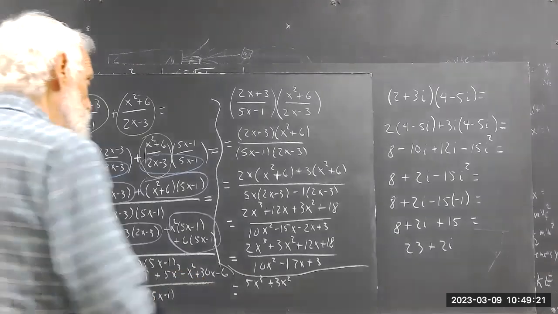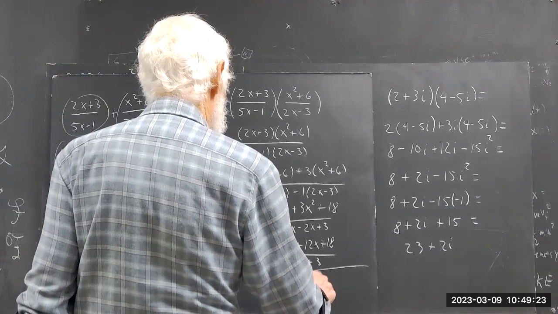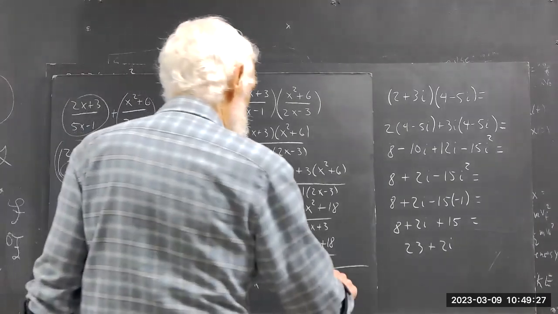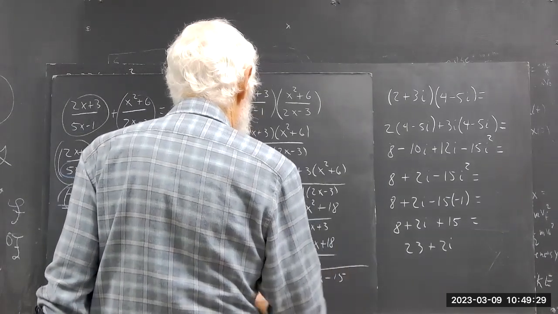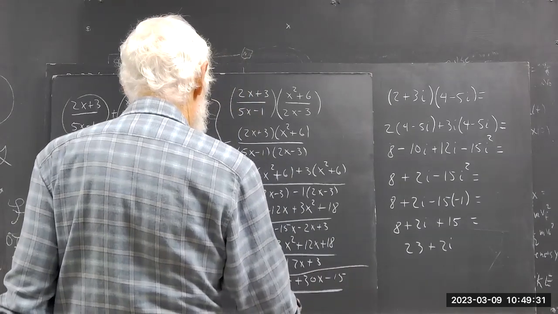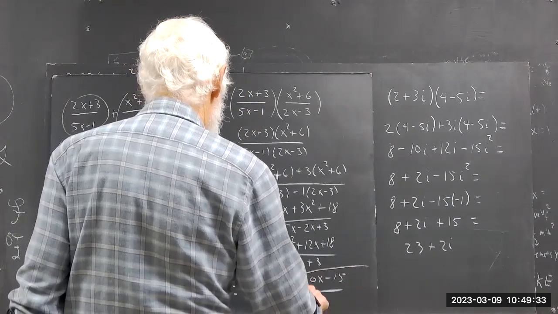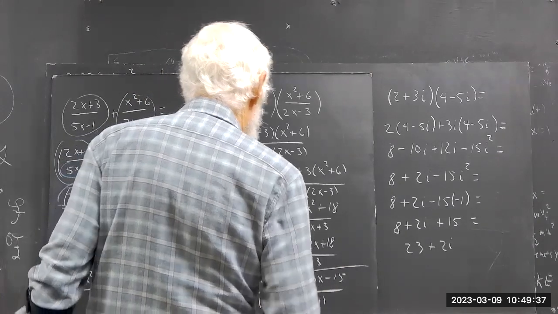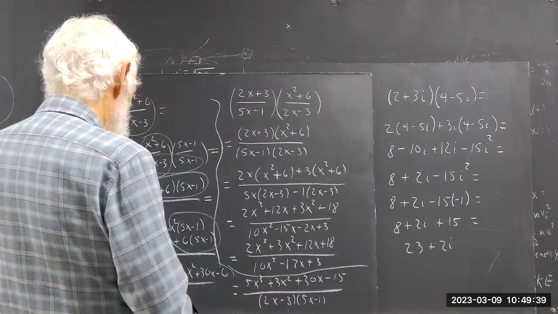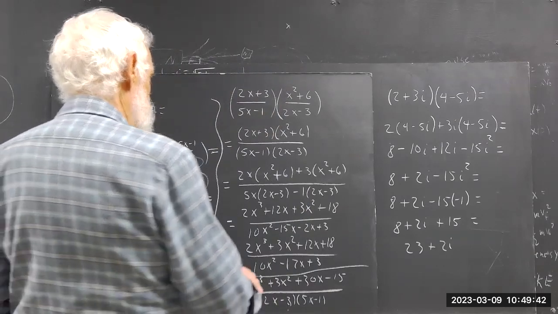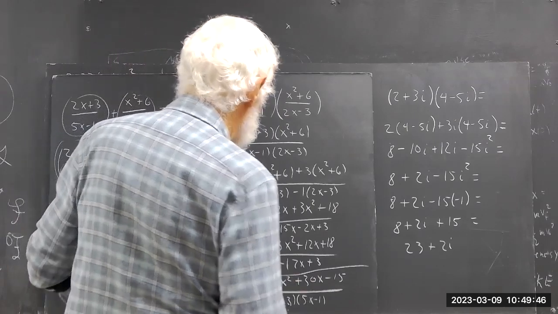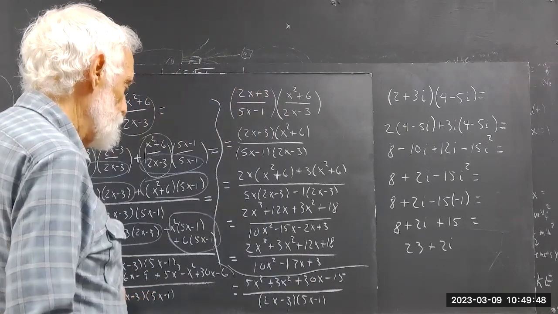So all I've got out of that is 30x. Then I've got a minus 9 and a minus 6, which is negative 15, over 2x minus 3 times 5x minus 4. And that'll be most likely my final answer.